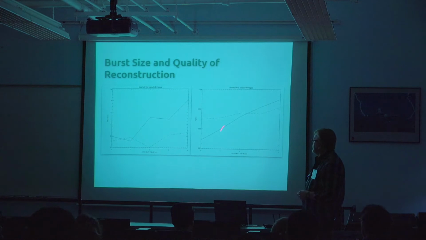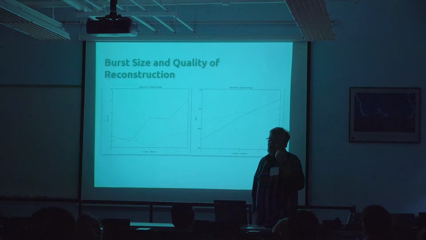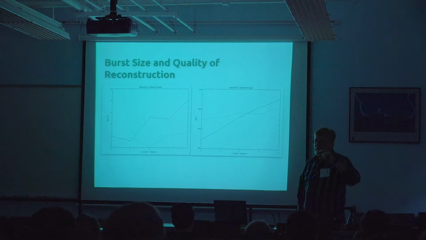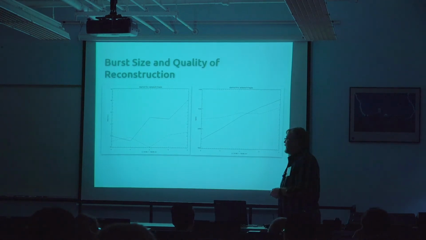However, what we do is image selection. You take 100 images, and we select, let's say, the 90 best, or 70, or 60, and do Speckle reconstruction. As you see here, the error does not really, well, it does, but to a certain degree, depend on the burst size.